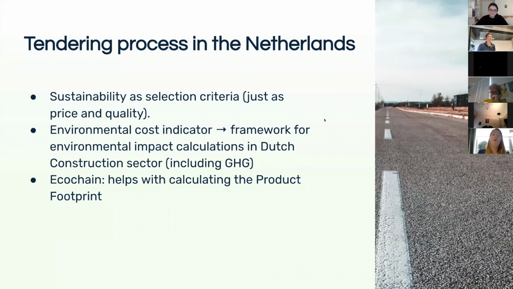The environmental cost indicator is a framework for measuring the environmental impact in the Dutch construction sector. So it's a measure for sustainability, and it of course also includes the GHG emissions. So it gives basically one score for products. And Ecochain helps companies calculate the product footprints to get an environmental cost indicator so that they can participate in tenders.